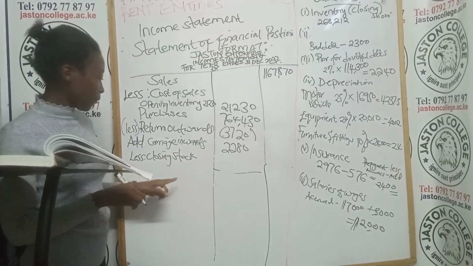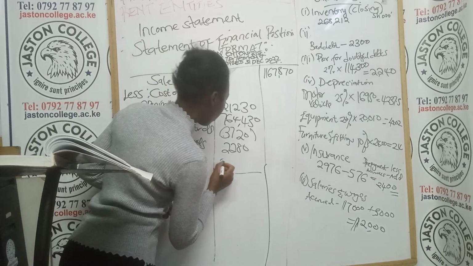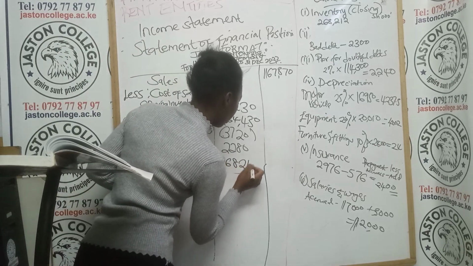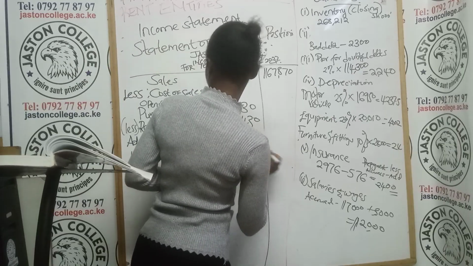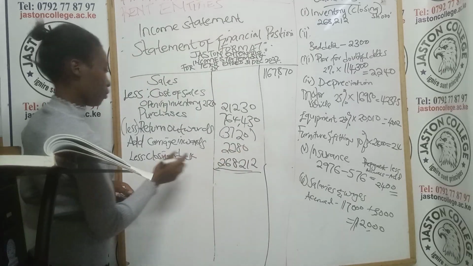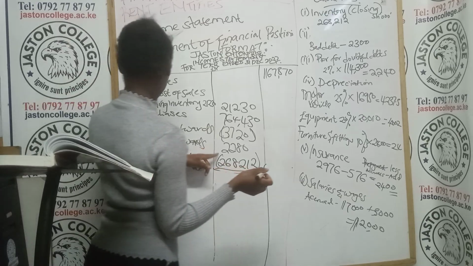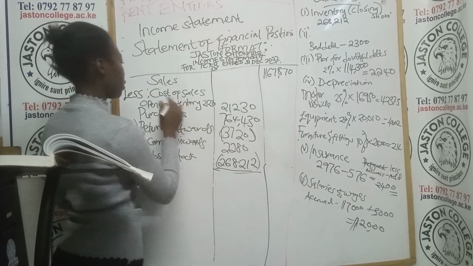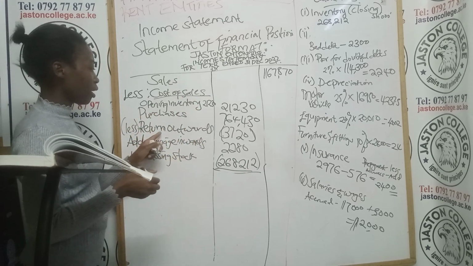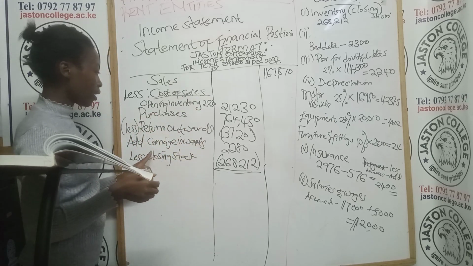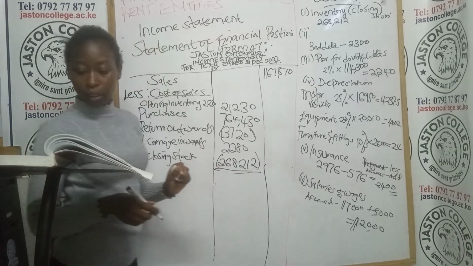So we will less our closing stock, which is 268,212. Then we less cost of sales, that is opening inventory, add purchases, then we less returns outwards, we add carriage inwards, then we less closing inventory.